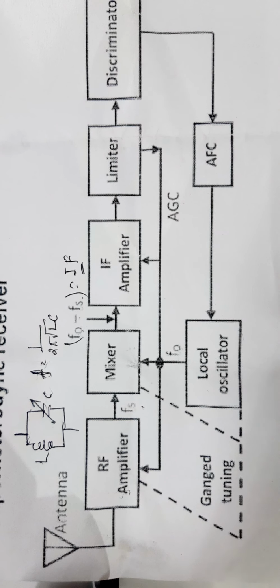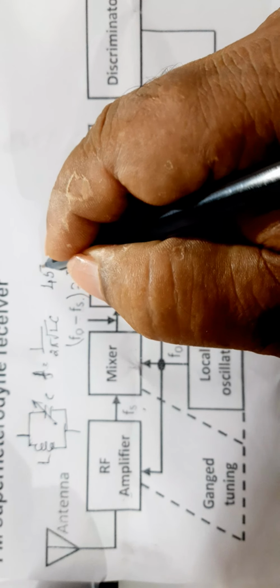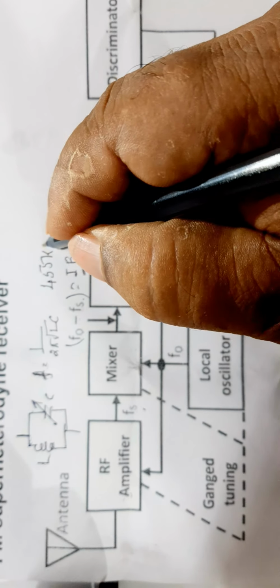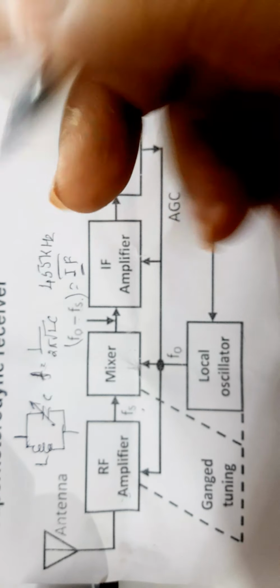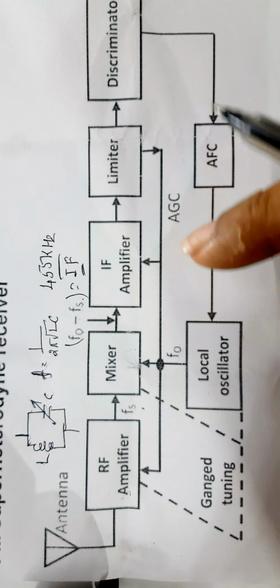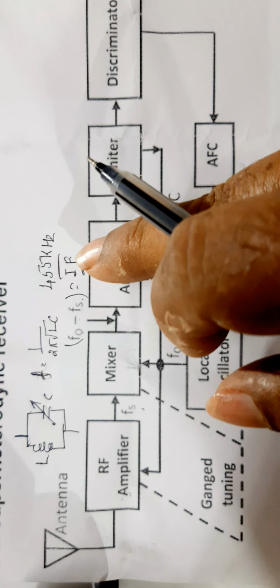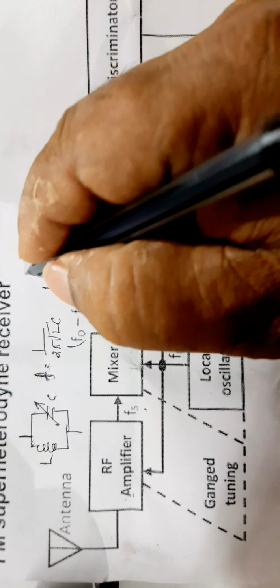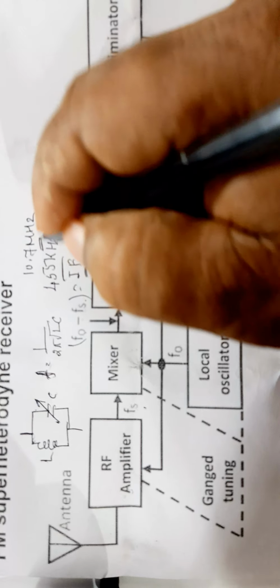You know the value of intermediate frequency for an AM receiver. All over the world, the AM receiver intermediate frequency is fixed at 455 kilohertz, whereas in the FM superheterodyne receiver, the intermediate frequency is fixed at 10.7 megahertz. It is a constant value.